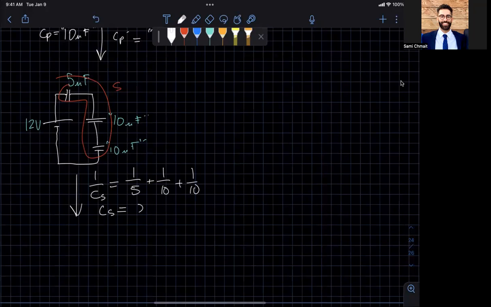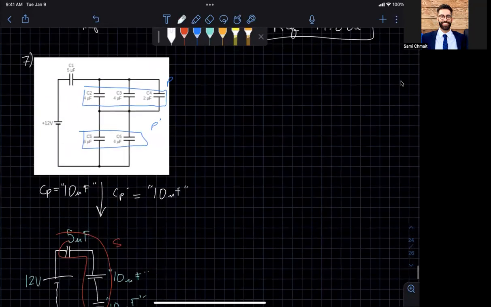CS equals 2.5 microfarad. And let's just redraw it for fun here. We have that 2.5 microfarad, that 12 volts. Therefore, CEQ is equal to 2.5 microfarad.